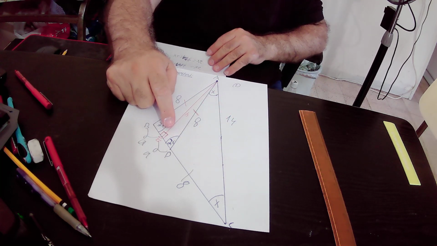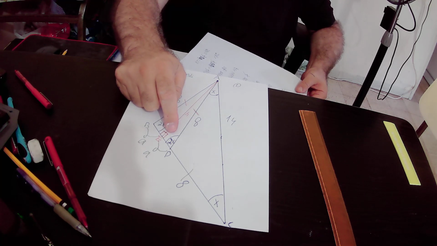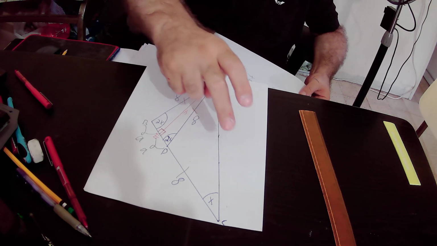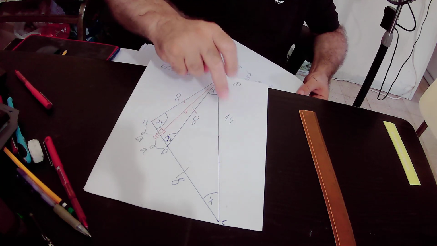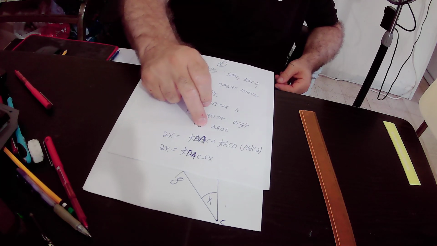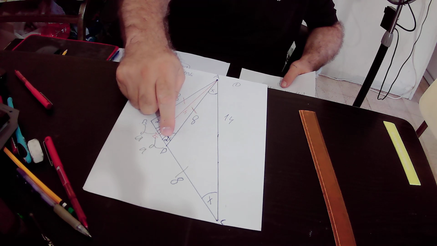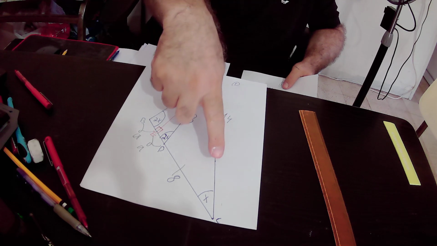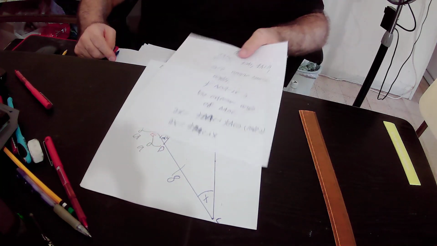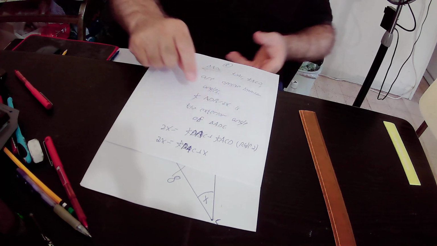So according to rule number 2, the exterior angle ADB, which equals 2x, equals the sum of the opposite interior angles, angle DAC plus angle ACD. But we know that angle ACD equals x.